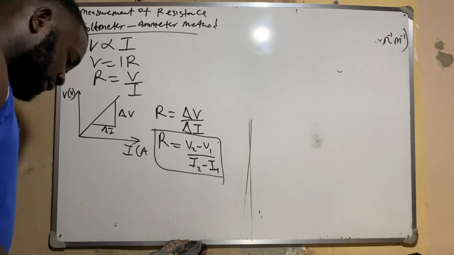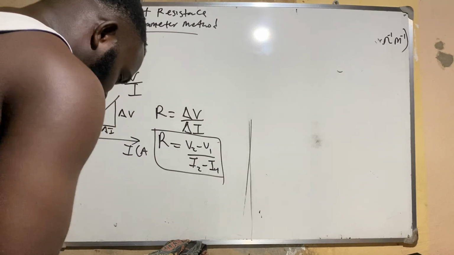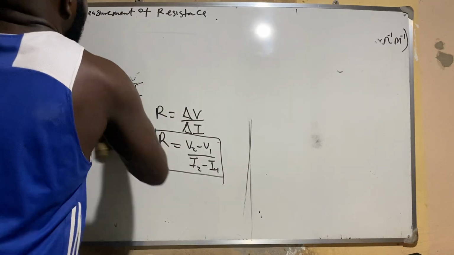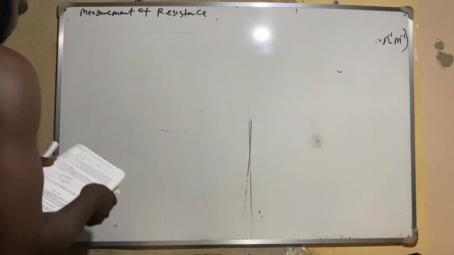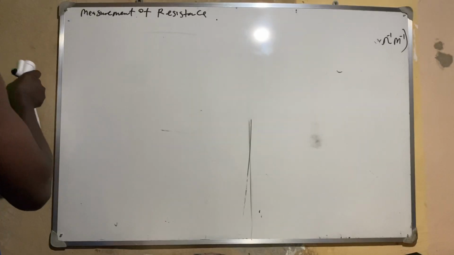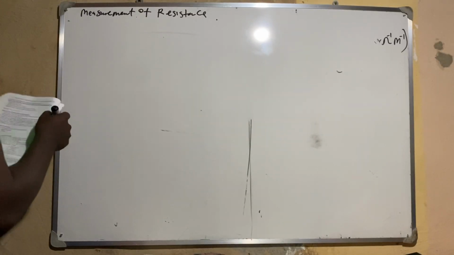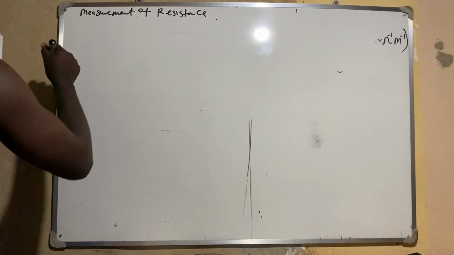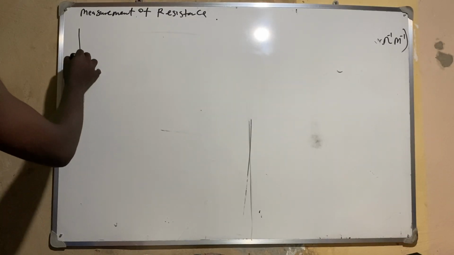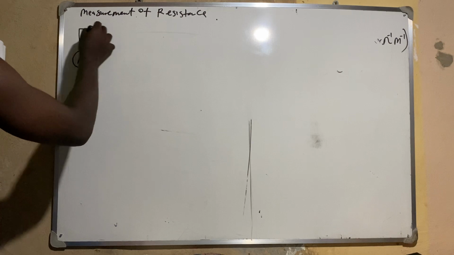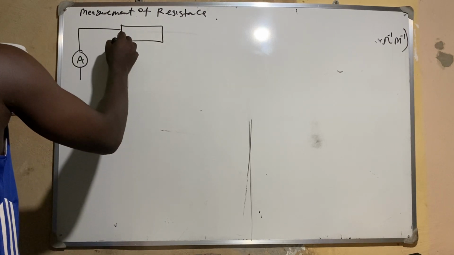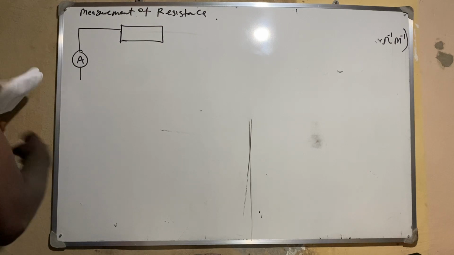Okay, so the next one is the Wheatstone bridge. I did not draw the other one, so please let me draw it before the Wheatstone bridge. The diagram is like this. We have the ammeter here, and then I have the resistor connected to a voltmeter.